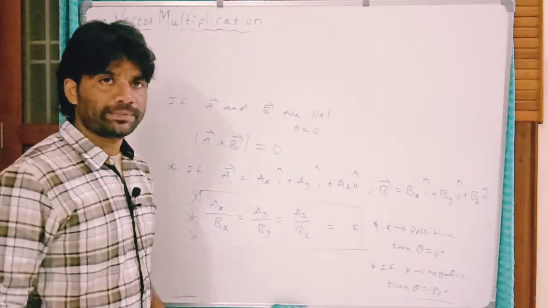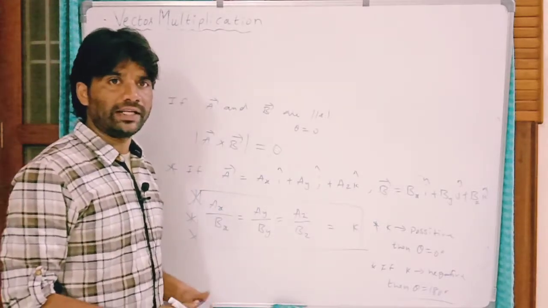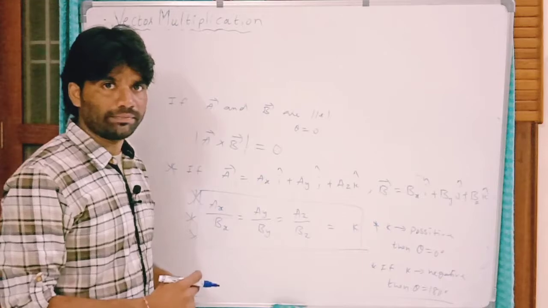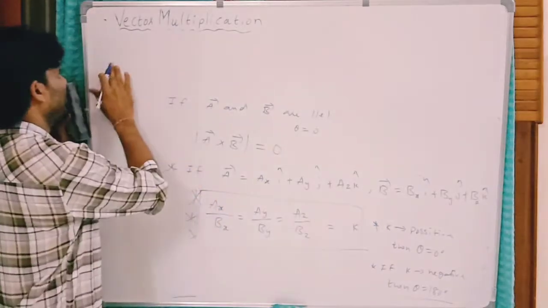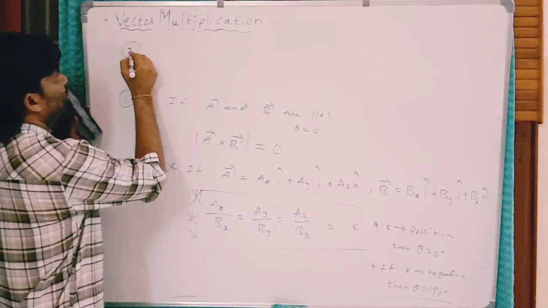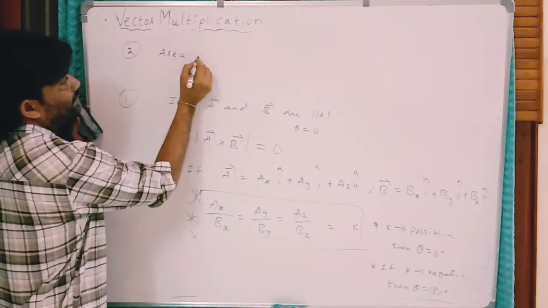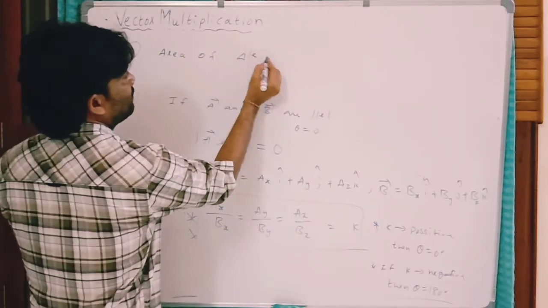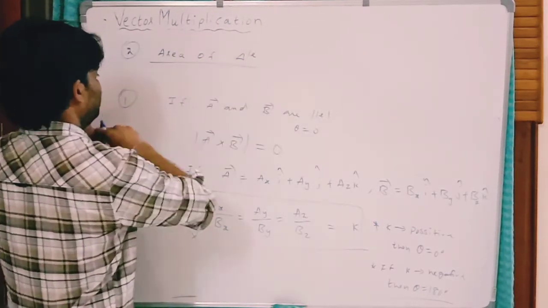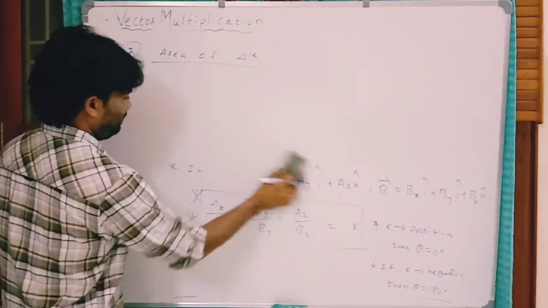By using the cross product, you can find the area of a triangle and the area of a parallelogram. Now you can see how to find the area of a triangle by using cross product.